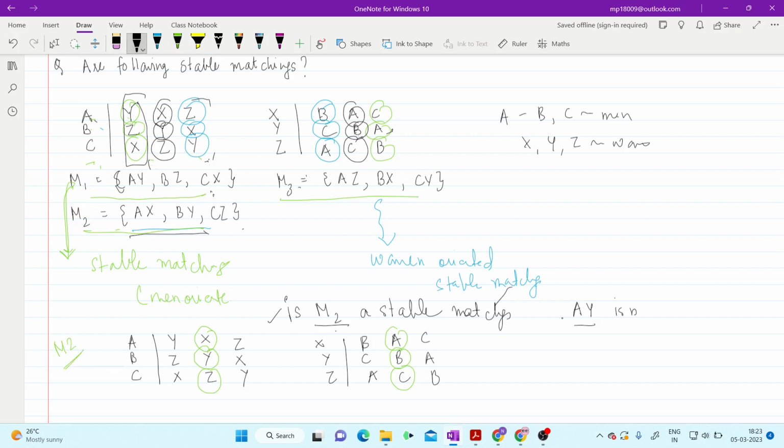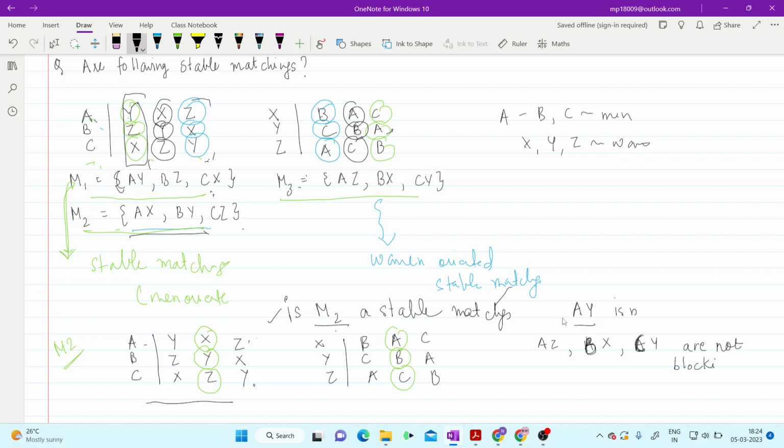Now to see if it is a stable matching, we have to show that this matching does not have any blocking pair. First of all, we see that AZ, BX and CY are not blocking pairs.